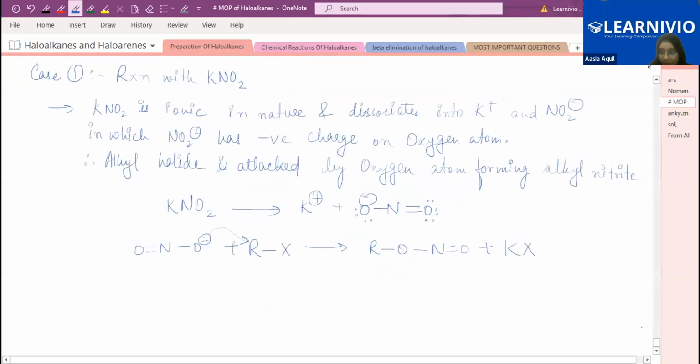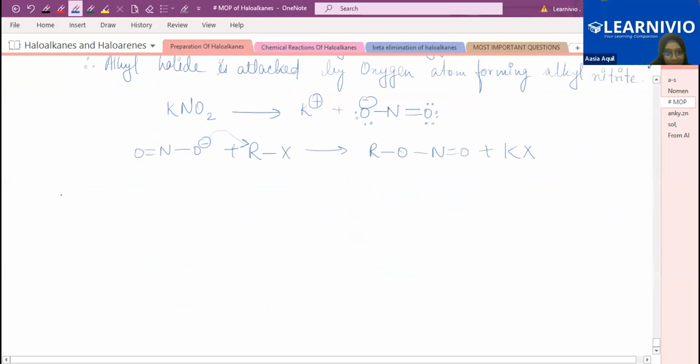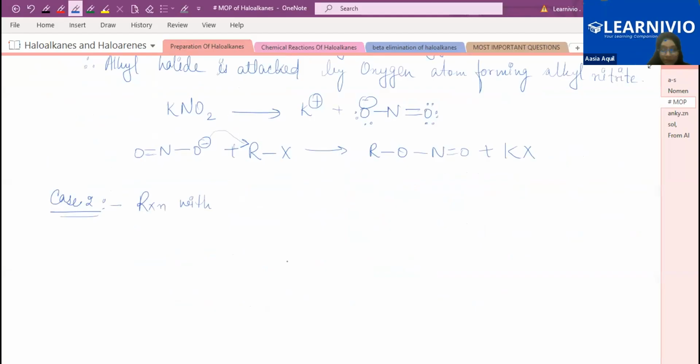Now the second case, case number 2: reaction with AgCN and KCN, and AgNO2 and KCN. These four reactions are very, very important. This is from a previous year question, I have seen this type of question.